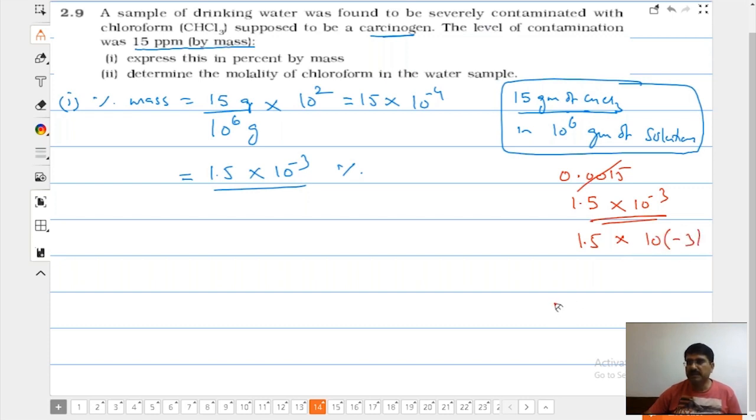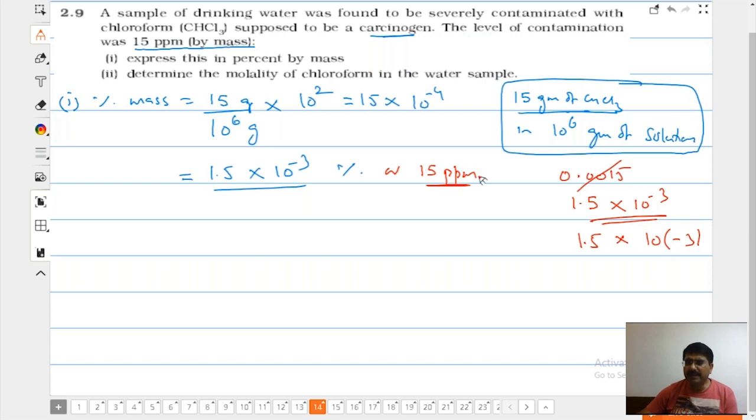I will understand that you have given this answer. That's perfect, correct. 15 into 10 to minus 4. Right? It is percentage. Now you see, in percentage it is this, and in ppm we write it ppm.